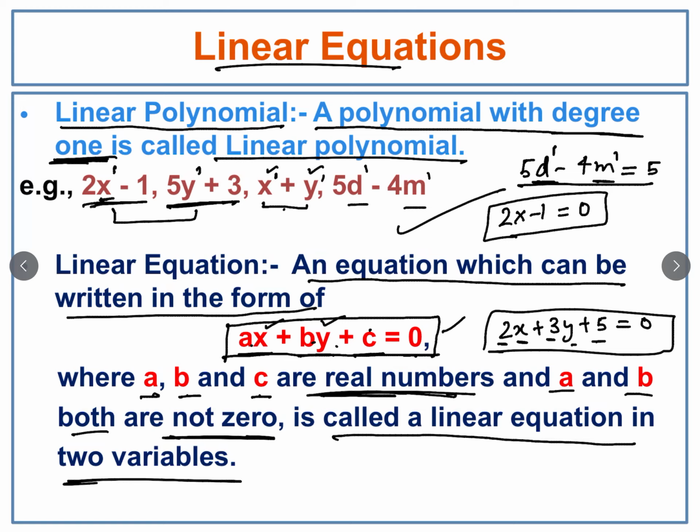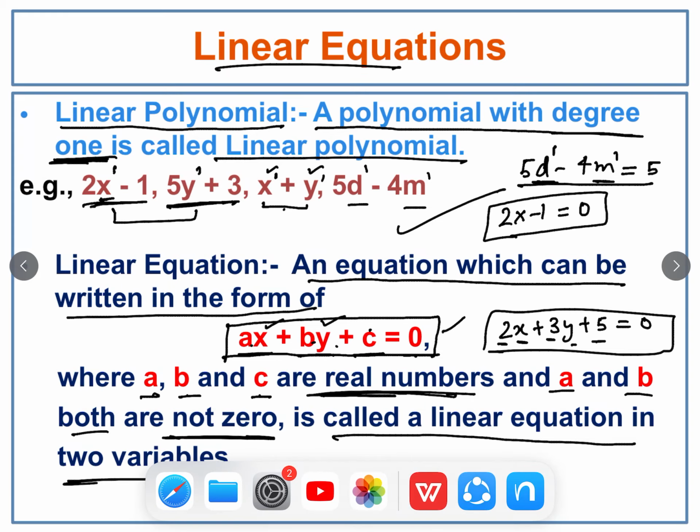So this is a linear equation in two variables x and y, where a, b and c are real numbers. This is the general or standard form of a linear equation in two variables: ax plus by plus c equal to 0. Based on this we have a few examples, and then we will look at exercise 4.1.